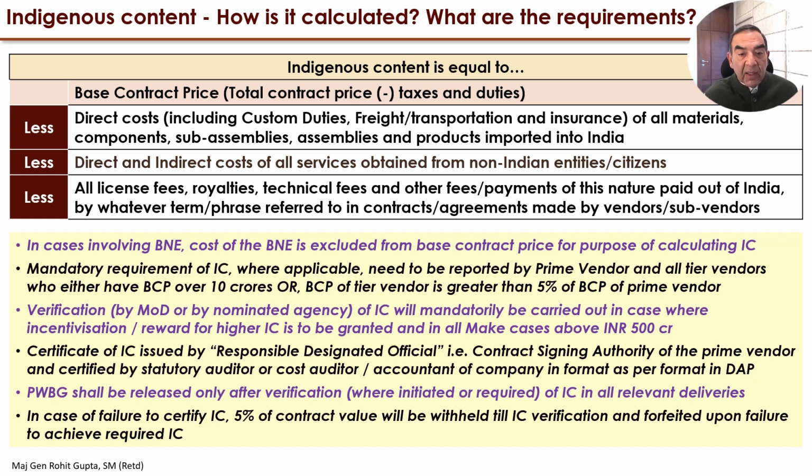In case of failure to certify, 5% of the contract price will be withheld by the government till IC verification is done. It will be forfeited in case the vendor fails to produce the required IC. Further action in terms of banning of the company, etc., can also be taken at the discretion of the government.